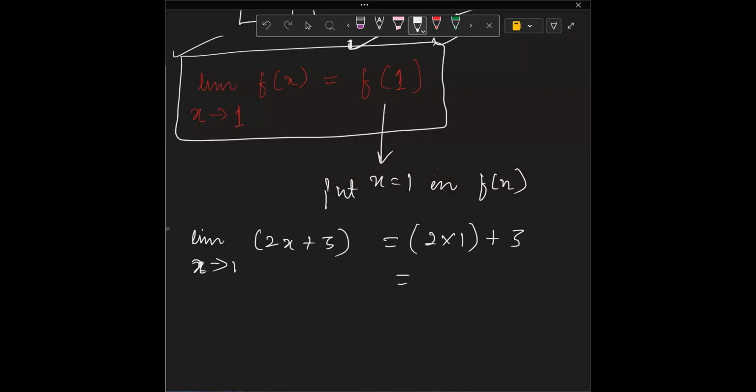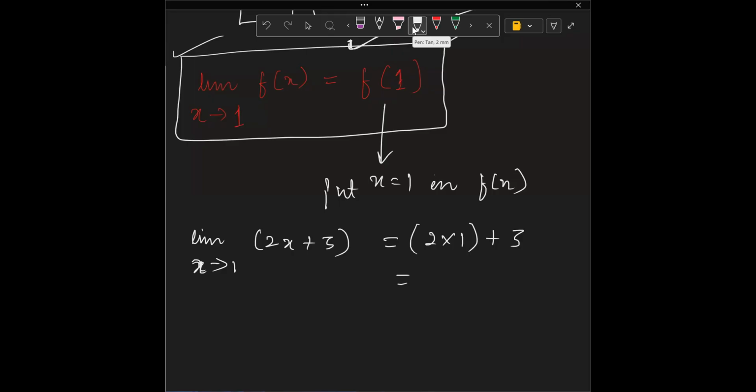If some constraint comes, then we have to modify our function. Otherwise, we directly put the limit. Here we do not have any constraint. By constraint I mean, like, a zero in the denominator. Suppose I put some value of x and I get zero in my denominator, that is not acceptable, that is going to be an undefined quantity.